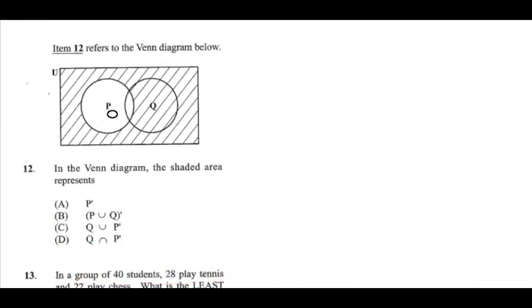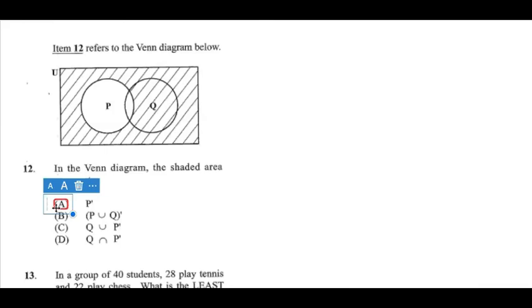But we're looking for something that does not include P at all. And remember, these apostrophes beside the letters and brackets mean not. So A is saying not P right there, and we're looking for something that does not include P, and A describes this relationship perfectly.